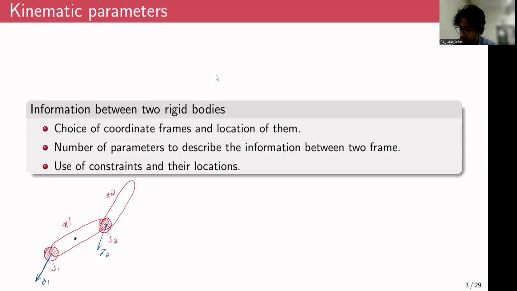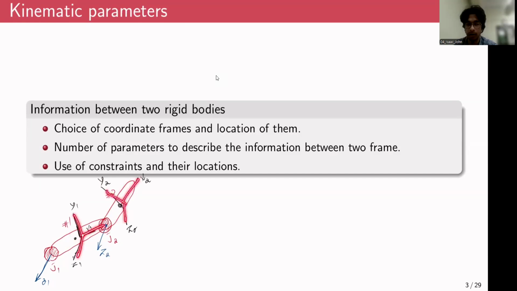For example, if I attach a frame of reference like so, I'll probably call this x1, y1, and z1, and maybe I'll also attach another frame of reference onto the second link, something like z2, x2, and y2. So any relationship between these two links can be transmitted by sharing the information between these two coordinate frames.